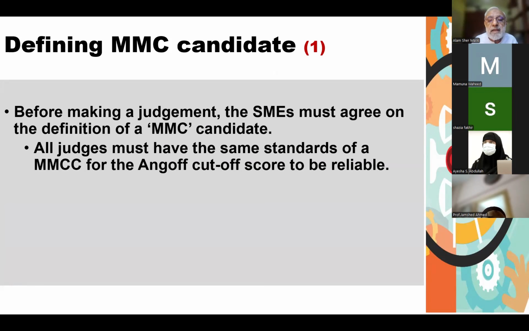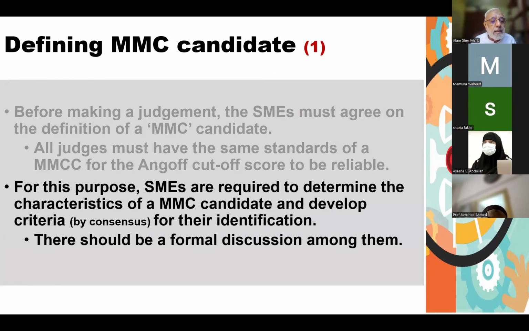All judges must have the same standards of a minimally competent candidate for the NCOF cutoff score to be reliable. For this purpose, the SMEs are required to determine the characteristics of a minimally competent candidate and develop criteria by consensus for their identification, and there should be a formal discussion among them.